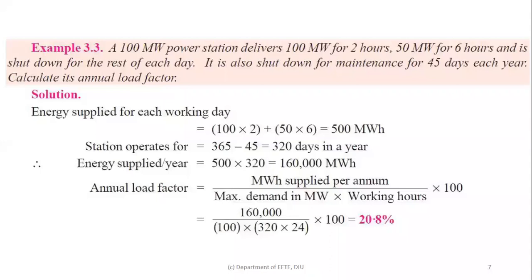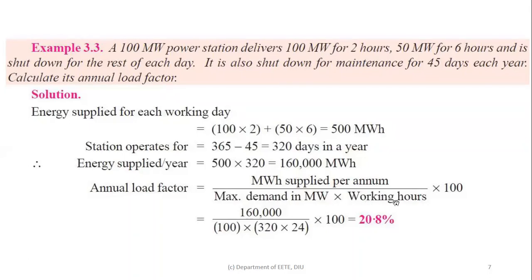So if we need to find the load factor, we know the equation is units generated in a year equals maximum demand into load factor into the hours of use. Basically, if used for the total of 1 year, it will be 8,760. But in this case, the working hour is not that, because 45 days have been stopped. So if we rephrase that equation, the annual load factor will be the megawatt hours supplied per annum divided by the maximum demand in megawatt into working hours.